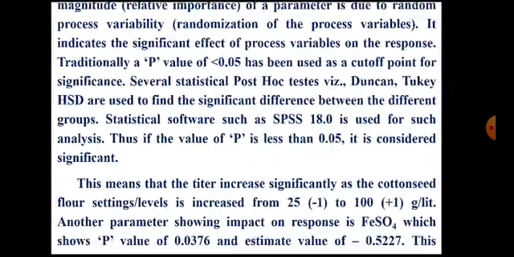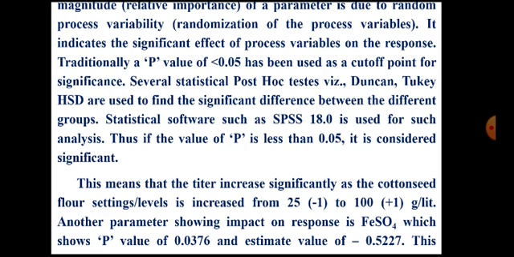So traditionally, a p value of less than 0.05 has been used as a cutoff point for significance. Several statistical post hoc tests are there, like Duncan's test and Tukey's honestly significant difference test.